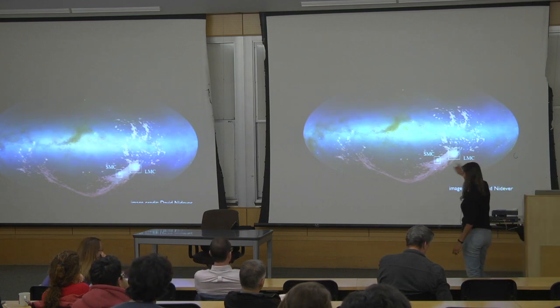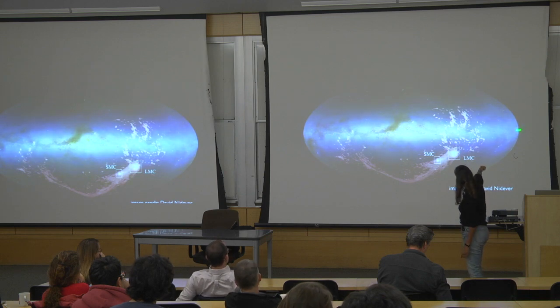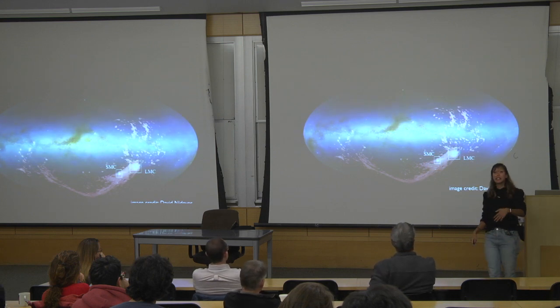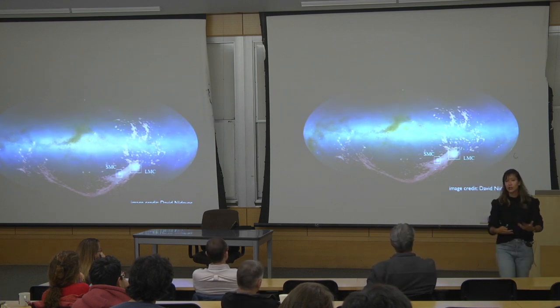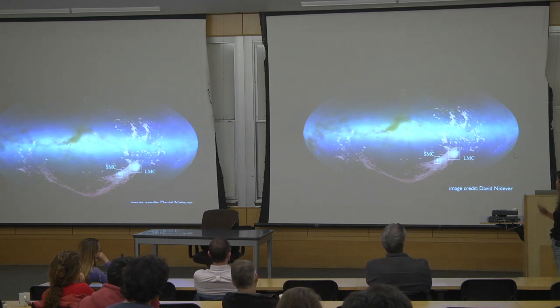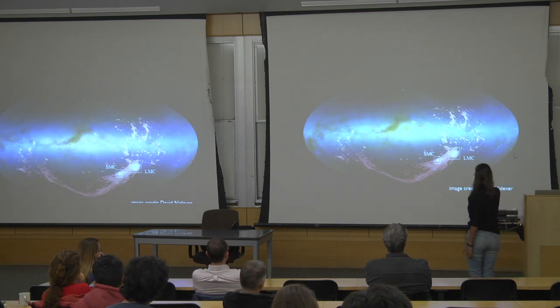This is an Aitoff projection of the Milky Way. This is the Milky Way disk. The Sun is somewhere here, and the LMC and the SMC are 50 kiloparsecs away, so they really trace the dark matter halo of the galaxy. And as you can see, they don't sit in the disk, so you don't have to worry about the Milky Way disk complicating your interpretation.